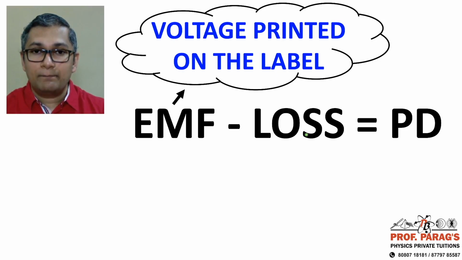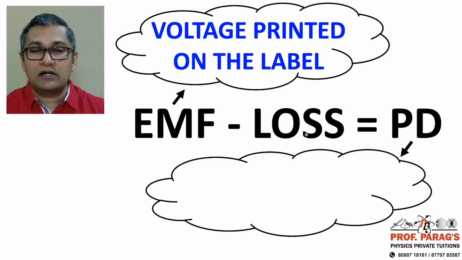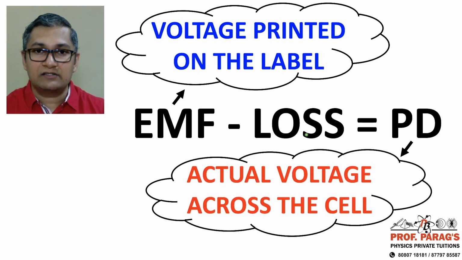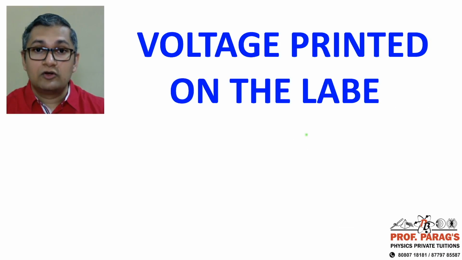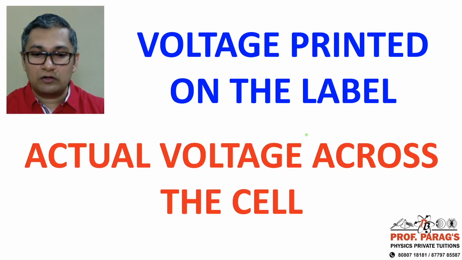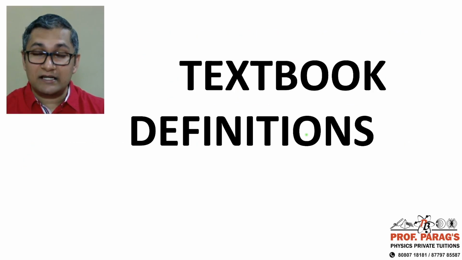And PD is nothing but the actual value of the voltage that is found across the cell. If you take a voltmeter and just measure the voltage across the cell, that's what is called PD. So again, the voltage printed on the label is EMF, and the actual voltage across the cell is what we call PD.